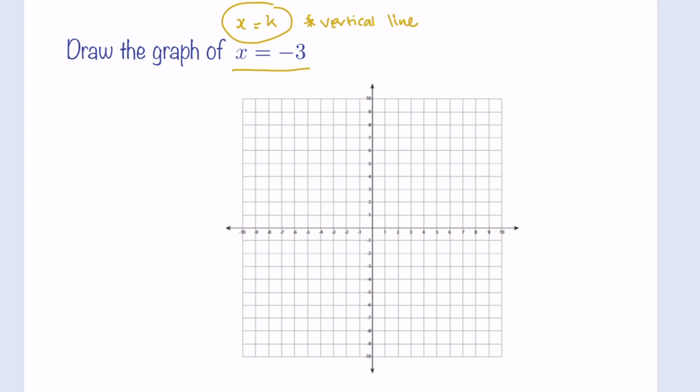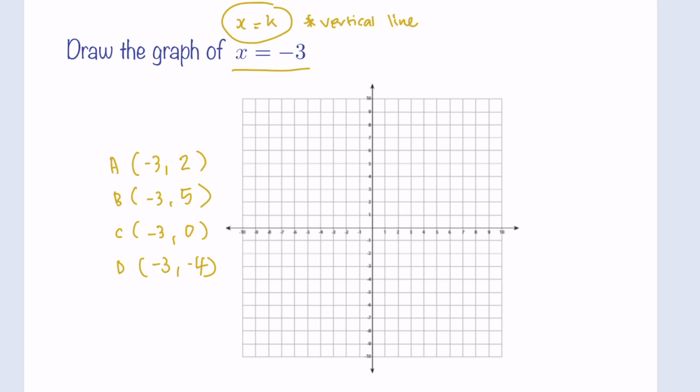So I'm going to have my point A, B, C, and D. And the coordinates for the x has to be -3 for all 4 of them. But my y coordinate can be anything. So I'm going to choose some random numbers, 2, 5, 0, and -4.